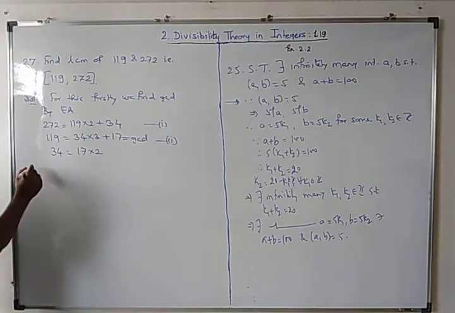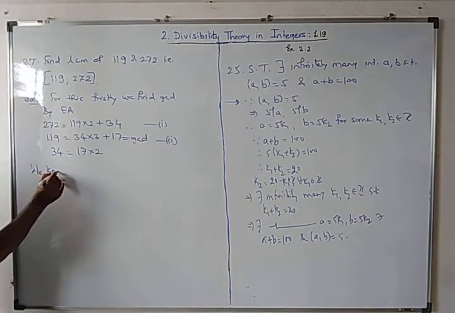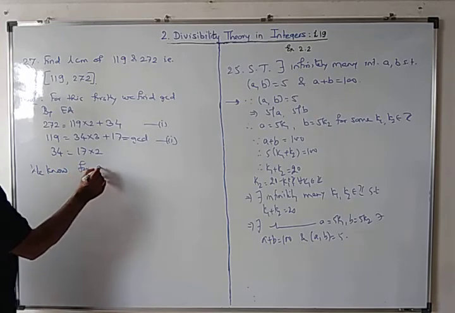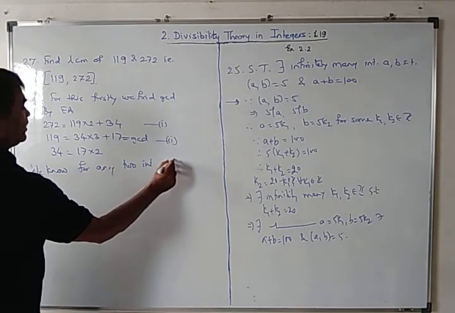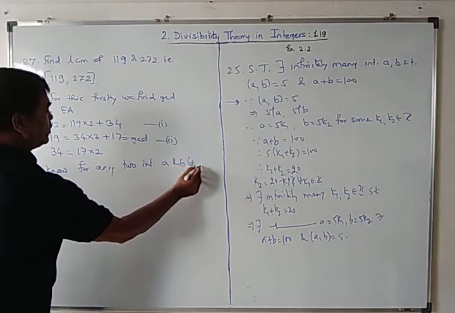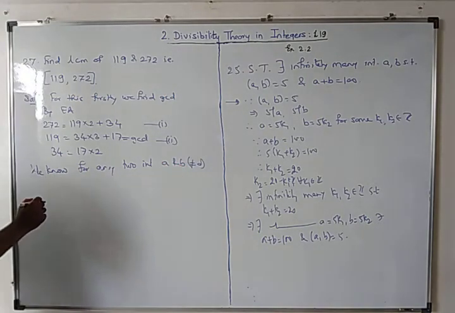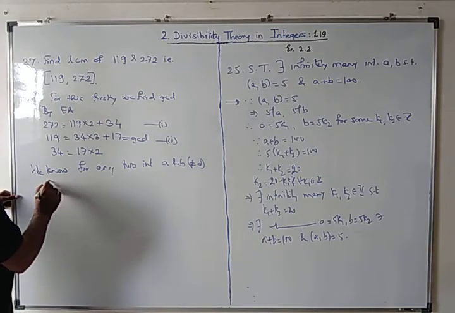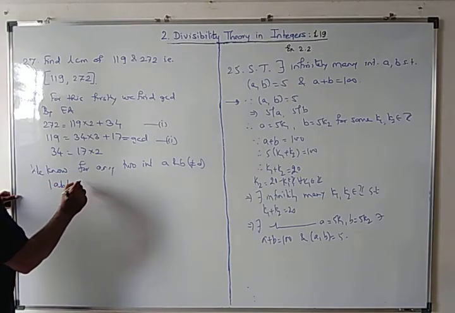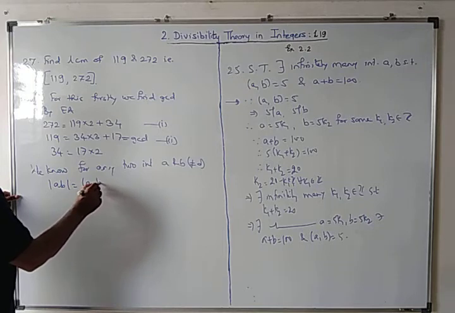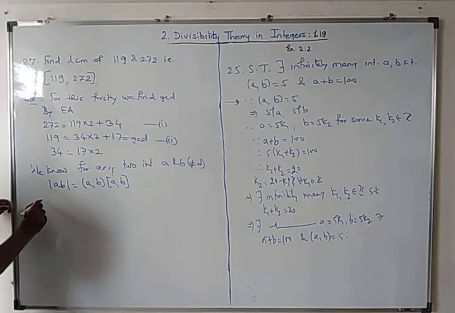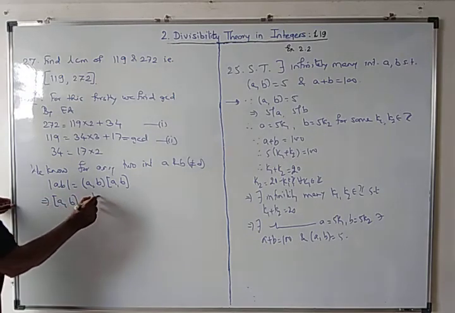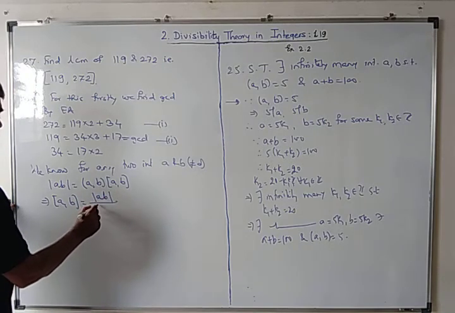Okay, we know for any two integers a and b not equal to 0, mod ab is equal to least common multiple into GCD. Implies least common multiple of a, b is equal to mod ab upon GCD.